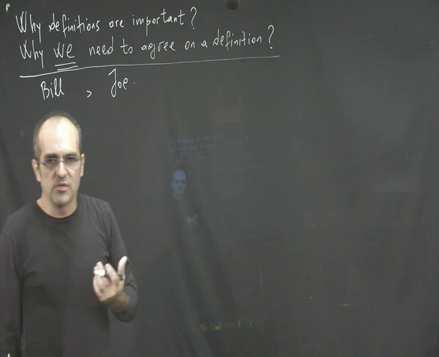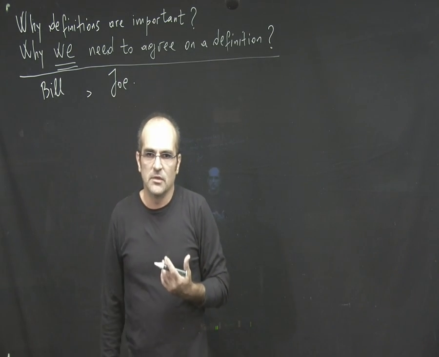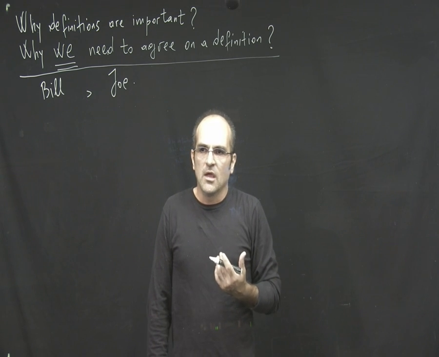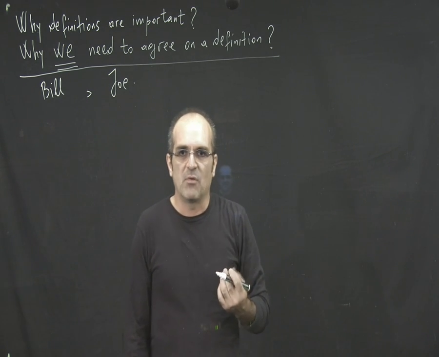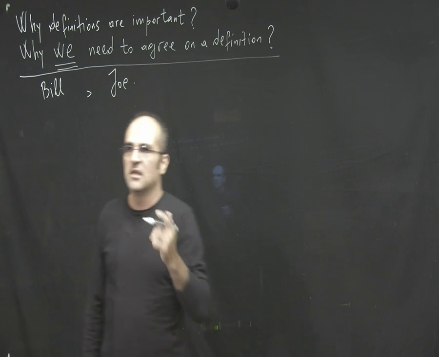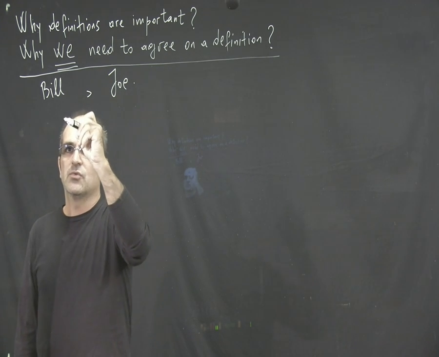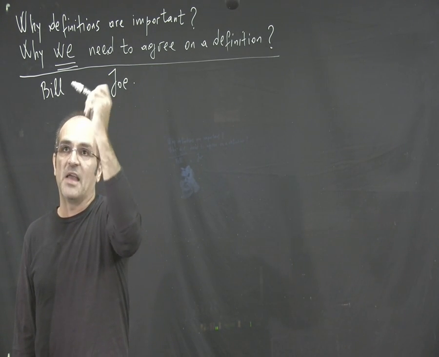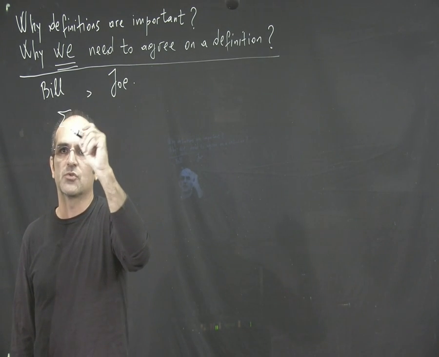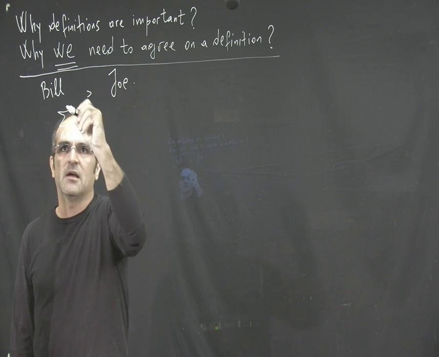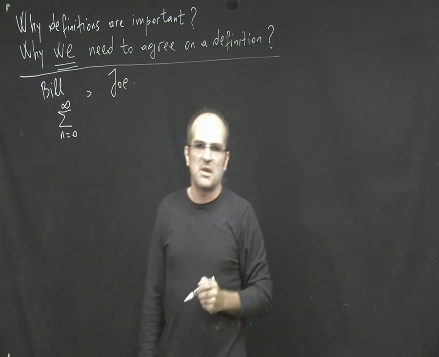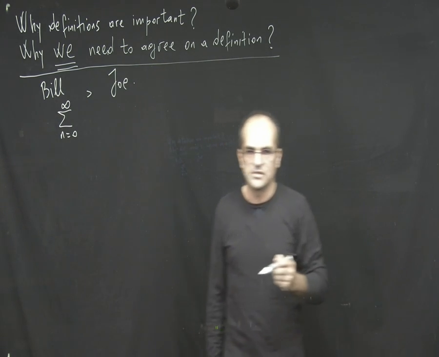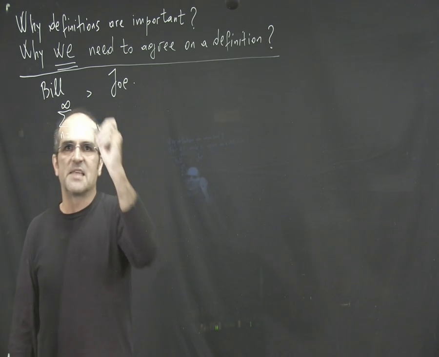Let's suppose the two students want to figure out how to discuss this topic of an infinite sum. They want, via an example at least, to figure out how to define the addition of infinitely many numbers, what we call in Calculus 2 series. And they start with an example.